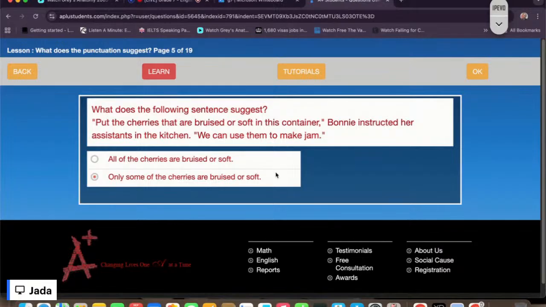So we have the second. Only some of the cherries are bruised or soft.